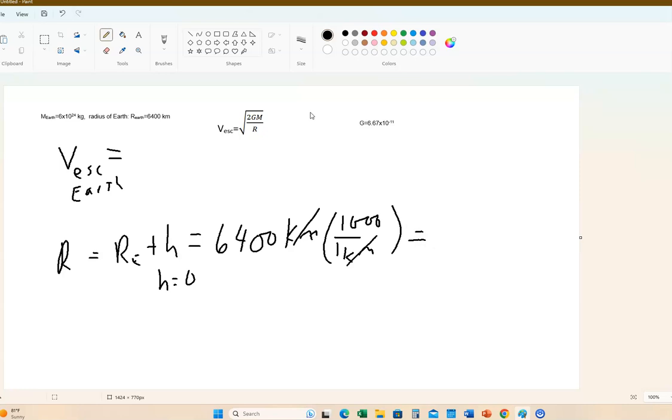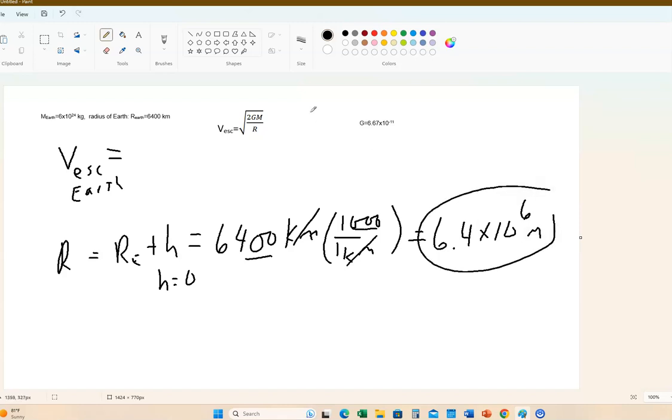That's perfectly fine. Or you could say 6,400,000. Either way is perfectly fine. I like scientific notation. So 6.4, you can see there's 3 zeros here and then 3 zeros right here. So it's going to be 6.4 times 10 to the 6th meters. All right, so that is going to be used right here.